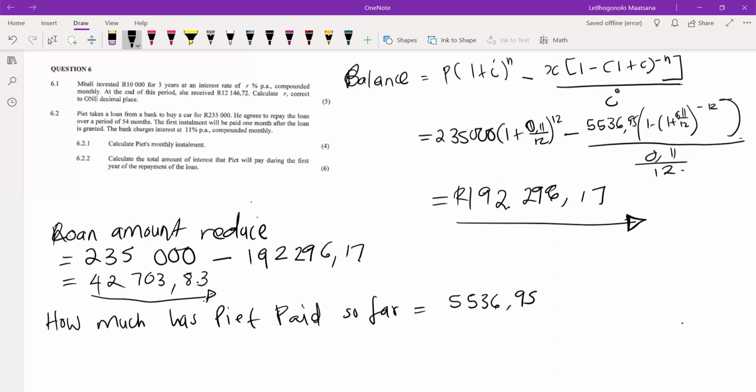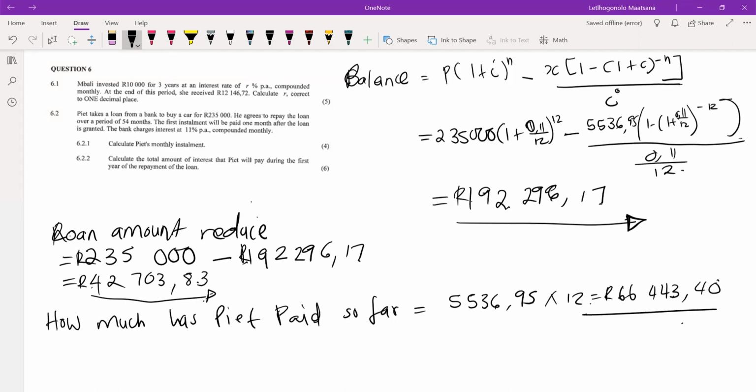All of this is in rands, right? Multiplied by 12, and this will give us 66,443.40.